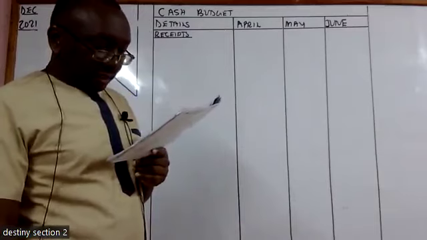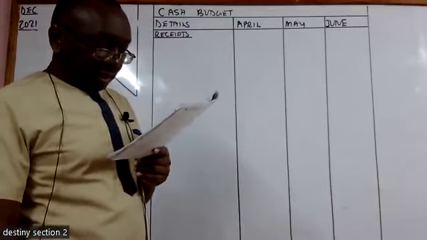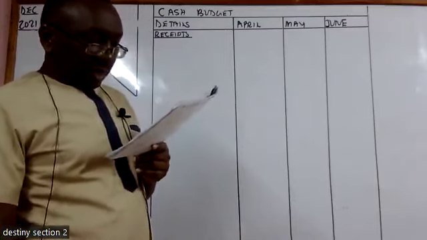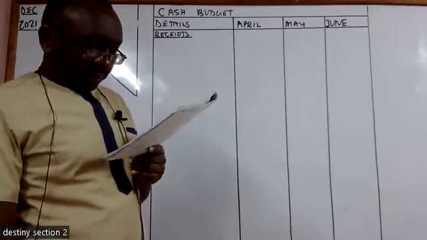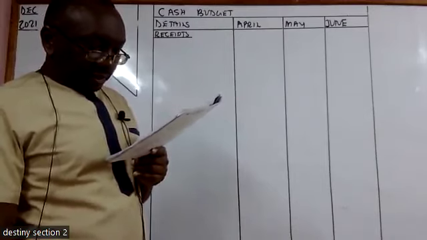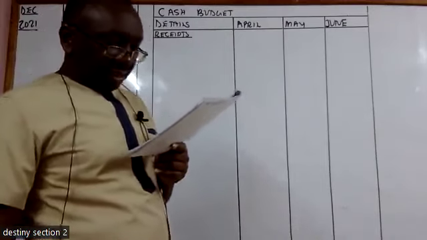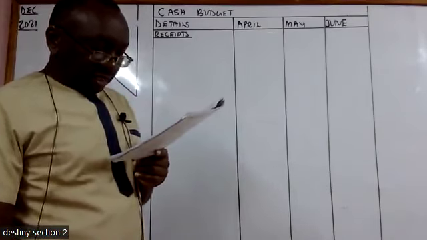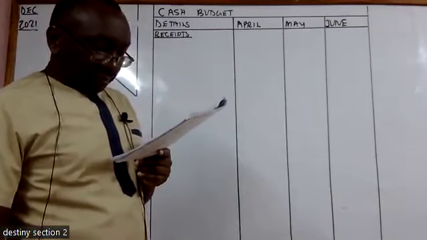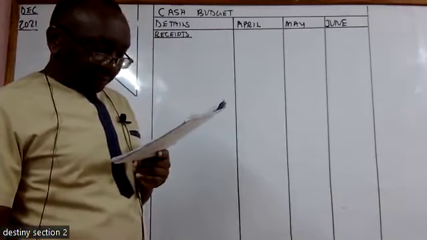We are given direct material purchases, wages, production, overheads, admin, selling, sales. Cash balance is expected to be 90 on 1st of April. Period of credit allowed by suppliers average is 2 months.